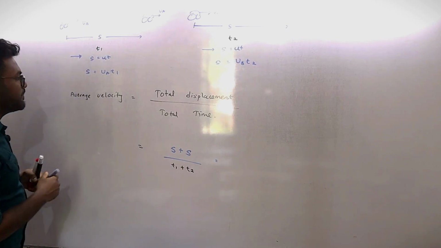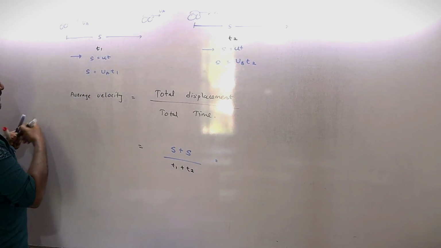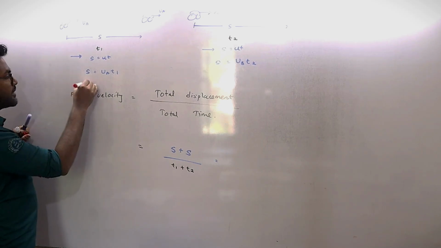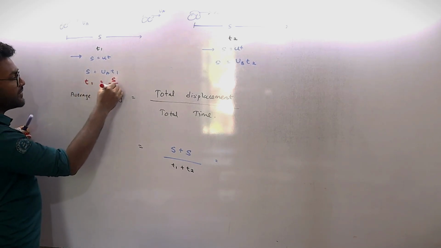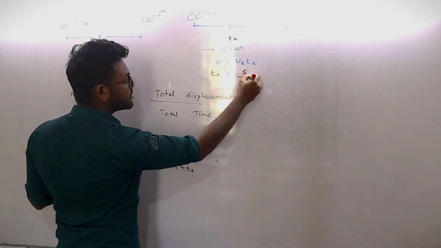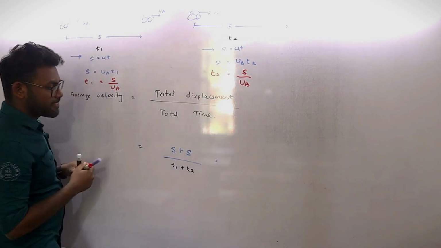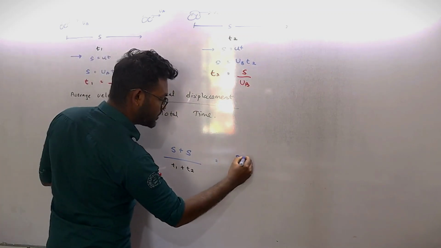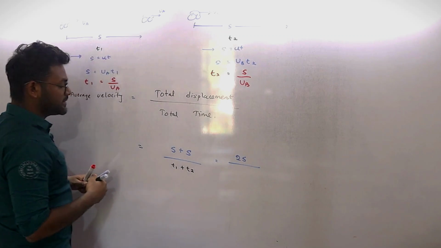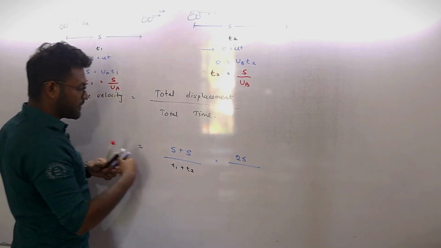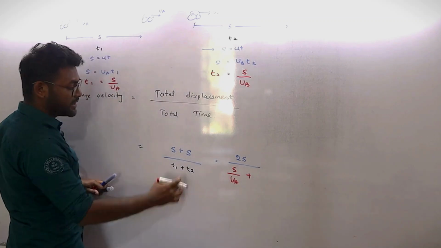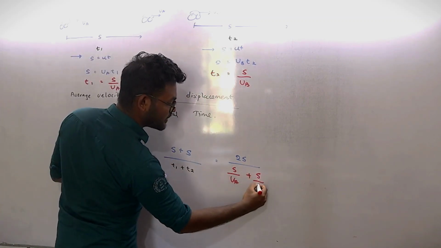So I'm going to replace from this one, right? I can replace t1 equals s over va, t2 equals s over vb. Well, up here I'm going to have 2s and down here I'm going to have t1 plus t2. For the t1 I can put s over va, plus for the t2 I can put s over vb.